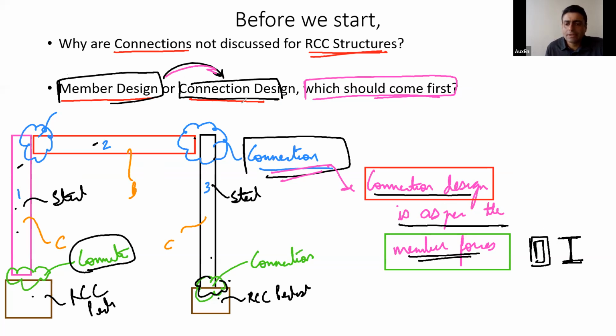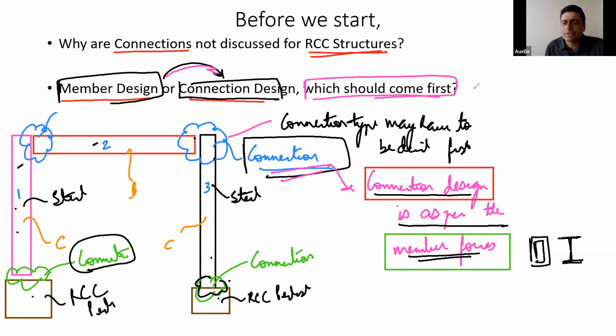Having said that, there is a parallel view also, that in some situations you have to decide what type of connection you will be providing. Connection type may have to be decided first.